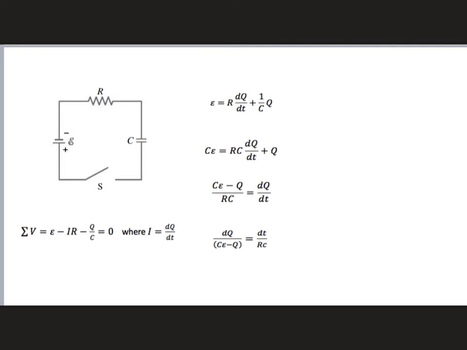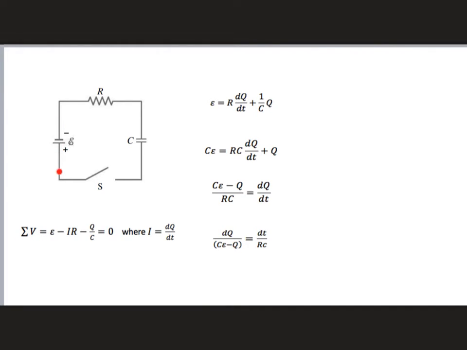charge. Now we know from the Kirchhoff loop rule that if I go around any closed loop in a circuit, the sum of the voltage drops and voltage gains must be equal to 0. So this is what I have here. I've got the sum of the voltages.